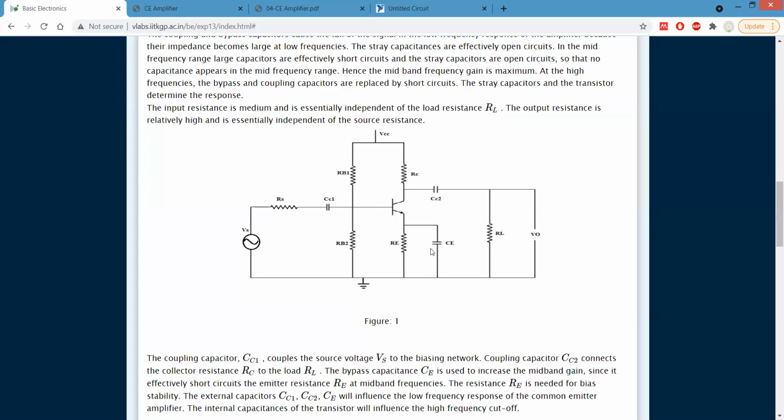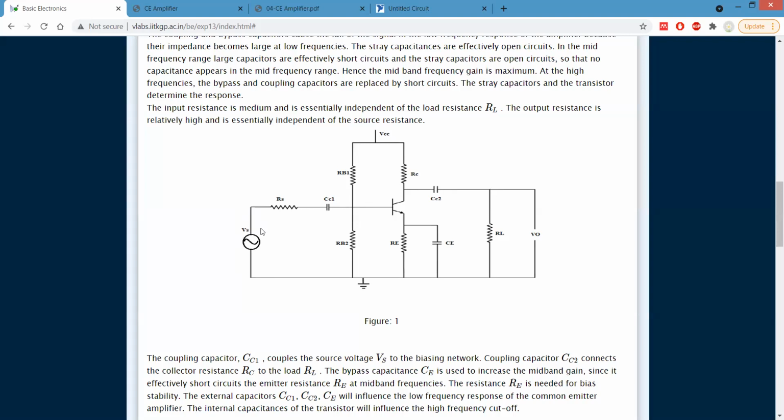So this is a bypass capacitor, and this is the base coupling capacitor, and for the output terminal, the collector coupling capacitor. We do not want any interference between the biasing source, that is purely DC, and the signal, which is also one kind of source, an AC source. So we make them distinguished.